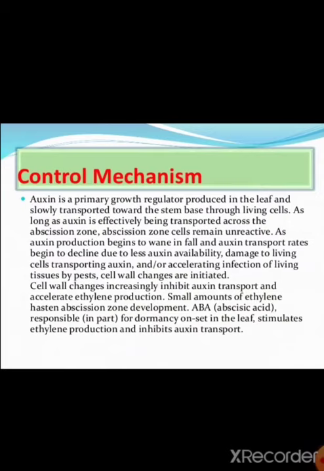Cell wall changes increasingly inhibit auxin transport and accelerate ethylene production. A small amount of ethylene hastens abscission zone development. ABA, responsible for dormancy onset in the leaf, stimulates ethylene production and inhibits auxin transport.